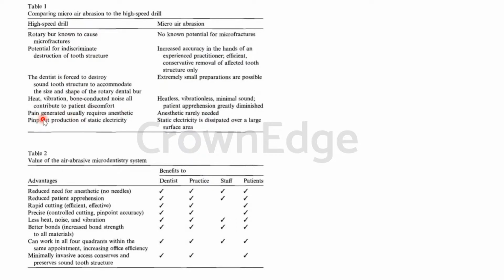There's also pain generated due to the vibrations of the drill, which can be negated using micro air abrasion. There's also some amount of static electricity, which is generally dissipated in cases of air abrasion.